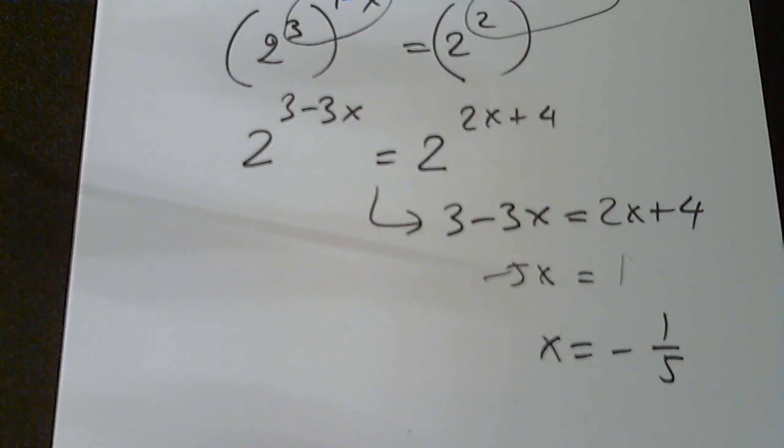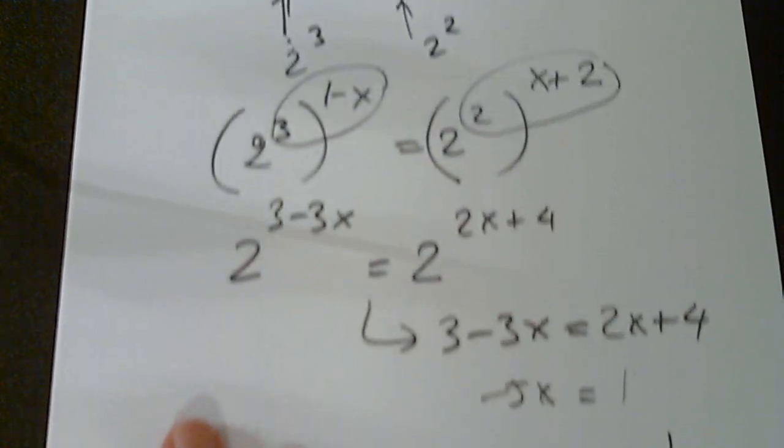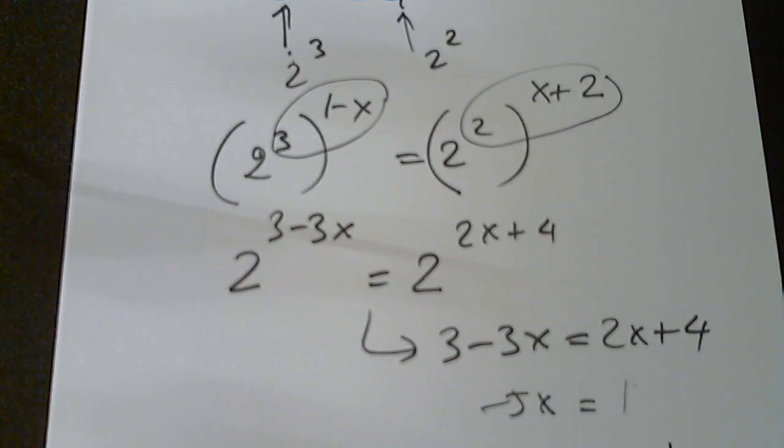And you can say, show me. Show me that this is true. Okay. So, show that this is true. How do I do that? The left-hand side is 8 to the power of 1 minus negative 1 over 5, so it's plus now because it's minus minus. 1 over 5 is 0.2.